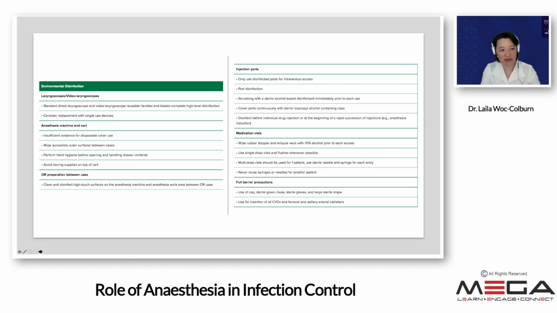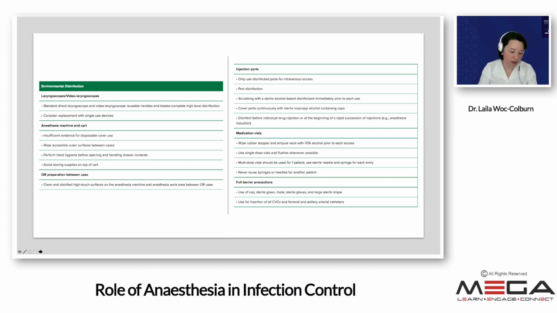If we look at the environmental disinfection, and these are from SHEA's guidelines, you can see they divide it into different parts of your environment and work area. First, your tool tray, which is the laryngoscope or a video one: you want to make sure the handles are always disinfected in between.